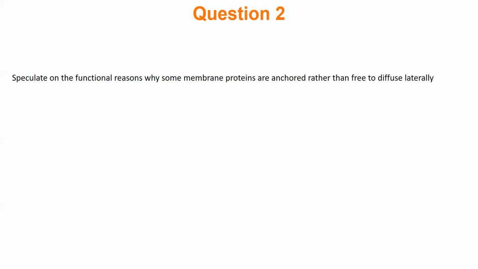If you're free to move, it doesn't matter where you are in the membrane to do your job. But if you're anchored somewhere, it's critical to be there for whatever reason. Maybe you need to interact with other proteins that are also there, or maybe you have to interact with certain lipids that are right there. But yeah, that would be the functional reason.